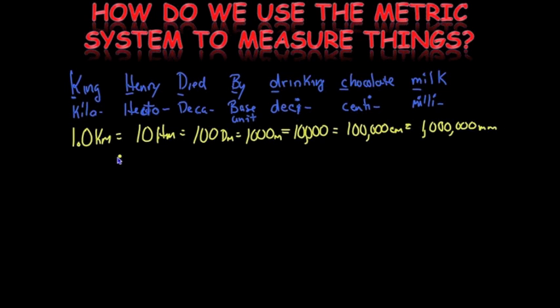Okay? What you should notice is that each time the decimal just got moved one space further, and they filled it in with a 0. So the decimal keeps moving to the right one place as you move past a prefix.